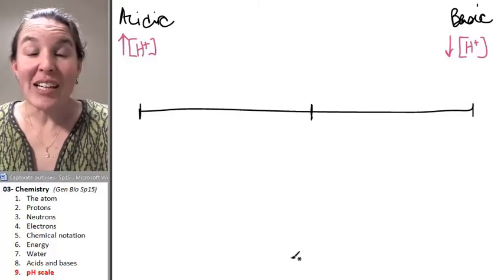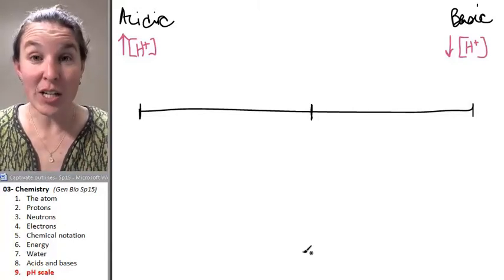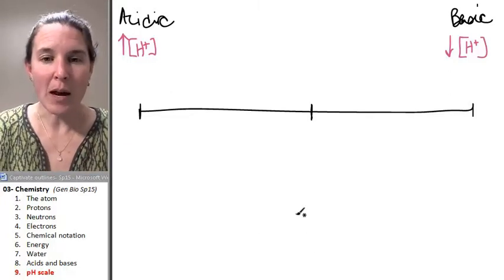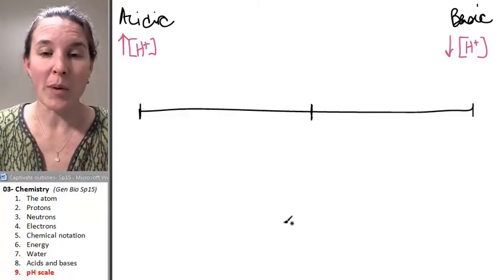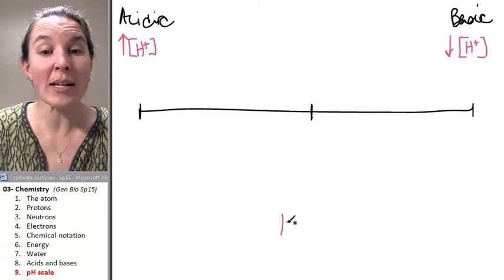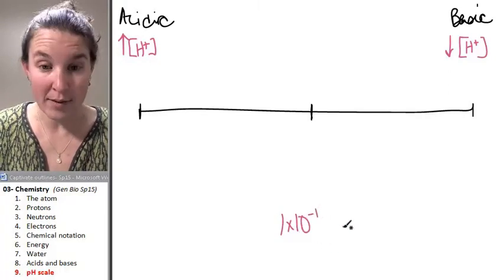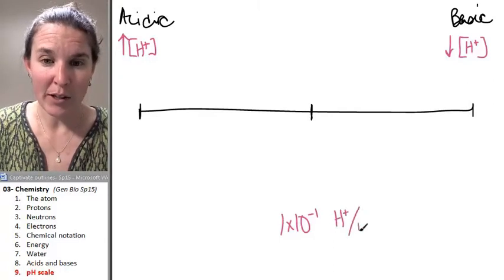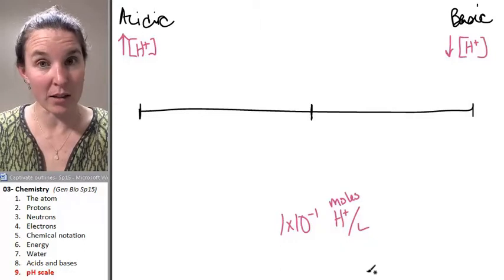Okay, here's what I'm going to do. I'm going to give you a molarity, a concentration of hydrogen ions, and I'm going to give you two to start off with. I'll write them here, and then you're going to put them on your scale. Are you ready? I have 1 times 10 to the negative 1 moles of hydrogen ions per liter.